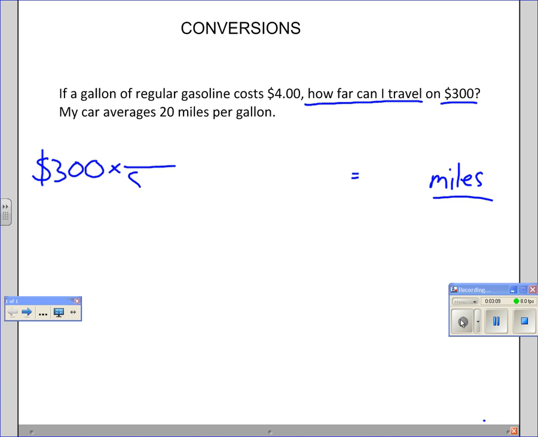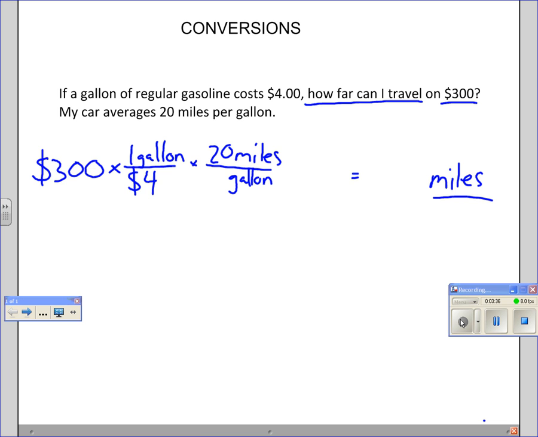We need to get rid of dollars, and 1 gallon of gasoline costs $4. We need to now get out of gallons because we don't want gallons in our final answer. The unit gallon is going in the bottom in the denominator, and up top in the numerator we're going to have 20 miles.